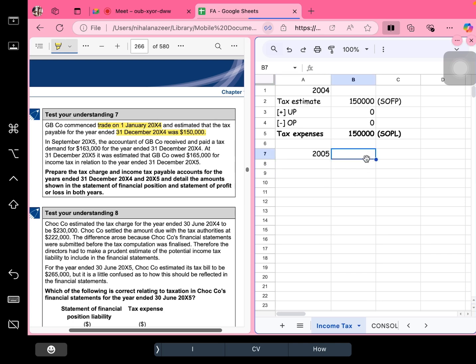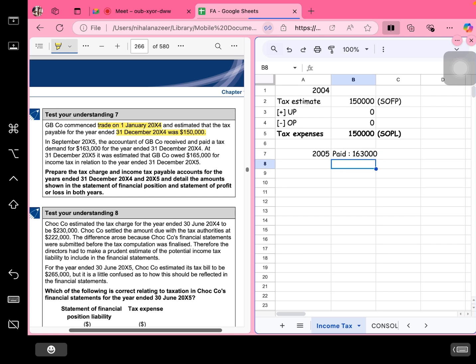So, how much was paid? 163,000. Clear? At 31st December, it was estimated that the amount would be 165,000 for income tax in relation to the year ended 31st December 2005.